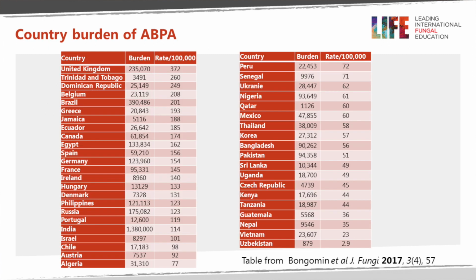And so the rates do vary a lot, and this is really a function of the burden of asthma. It's not a function of the frequency of fungal sensitization or diagnoses of ABPA. And so some areas have very low rates of asthma. This is probably an artificially low rate in Uzbekistan, but you've got numbers between the 20s and 30s per 100,000 up to 250 to 300 per 100,000 in other countries.